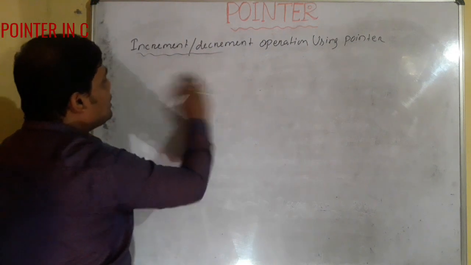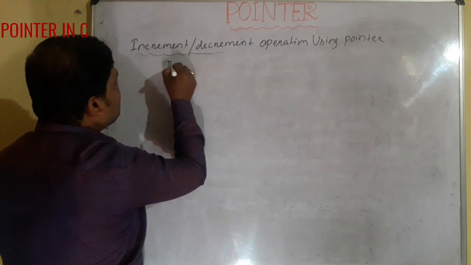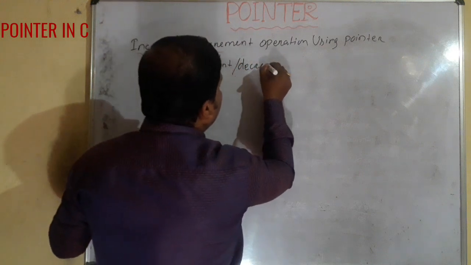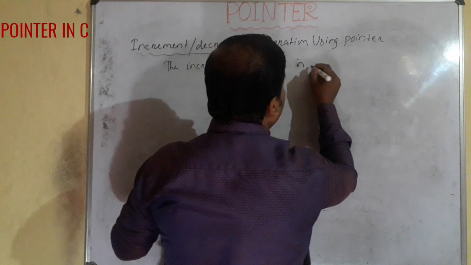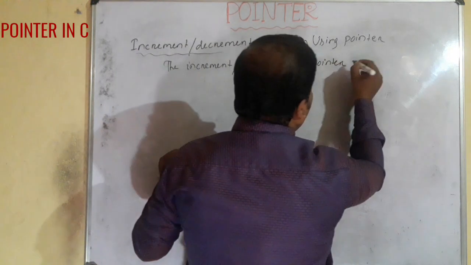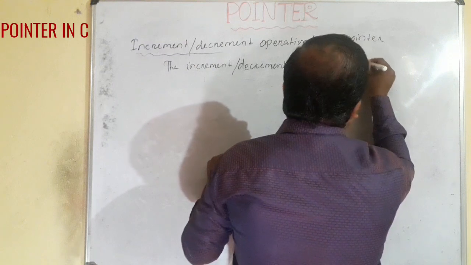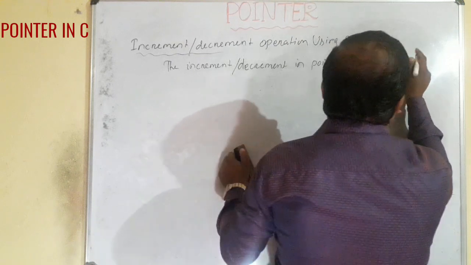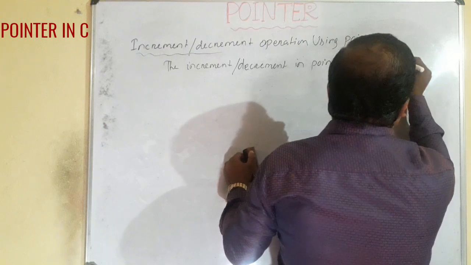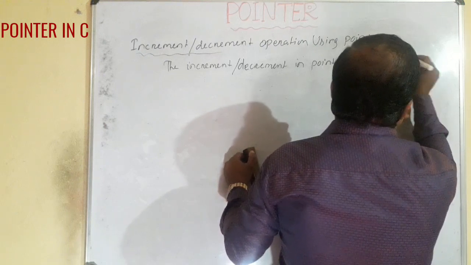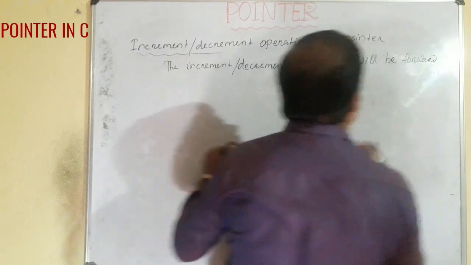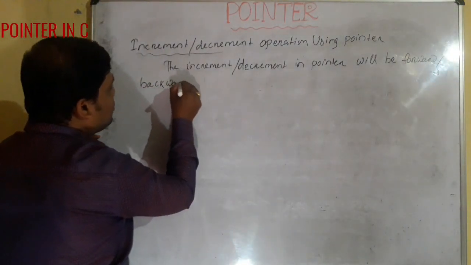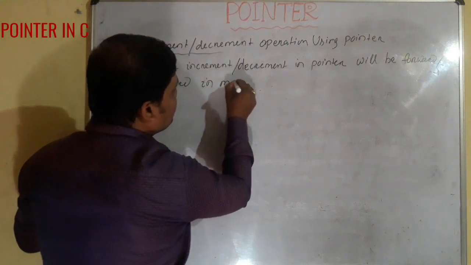Just see. The increment or decrement in pointer means we go forward or backward in memory address.